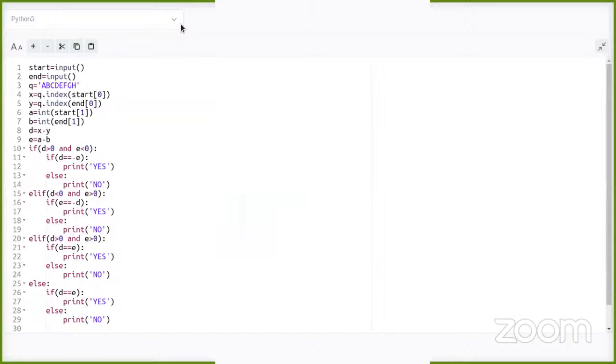Actually that is the rows, and x and y are the columns, opposite. So the difference between x and y should be the same as the difference between A and B. She assumed d greater than 0, e less than 0, d less than 0, e greater than 0. She took all the different cases and then identified whether the difference is the same or not. Yes, sir.